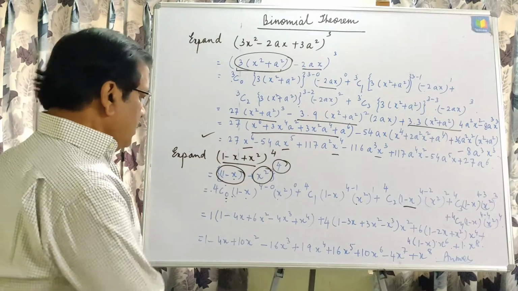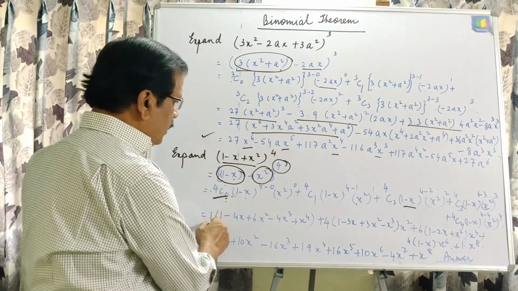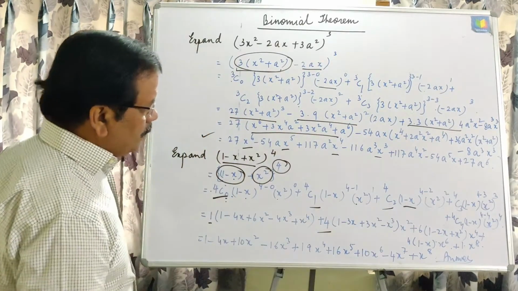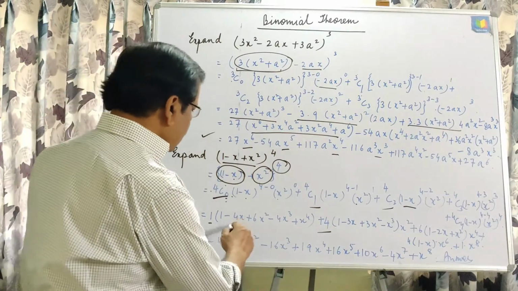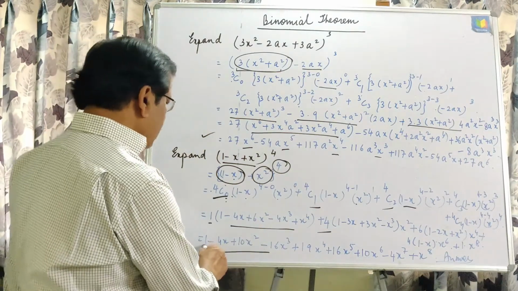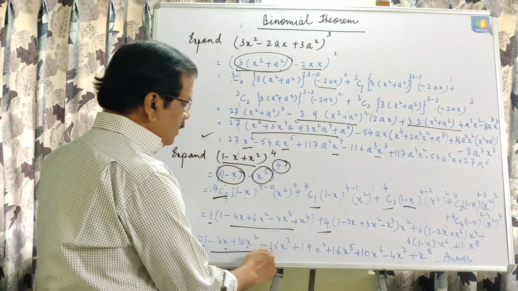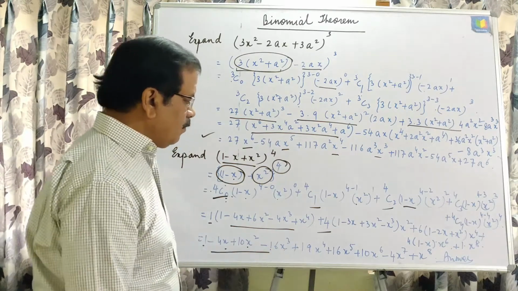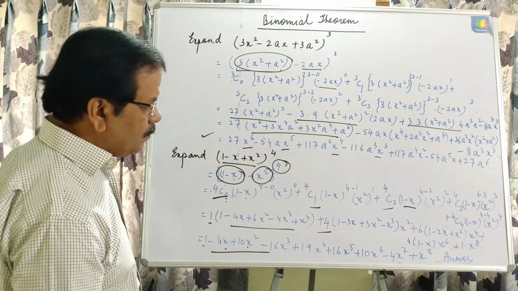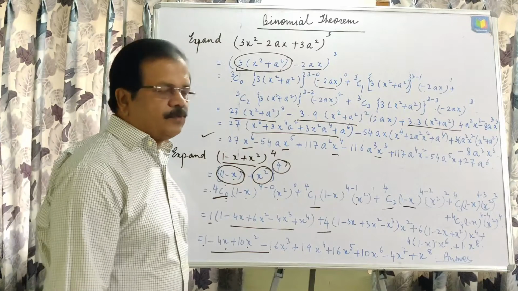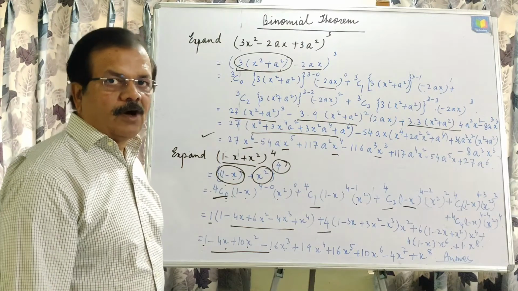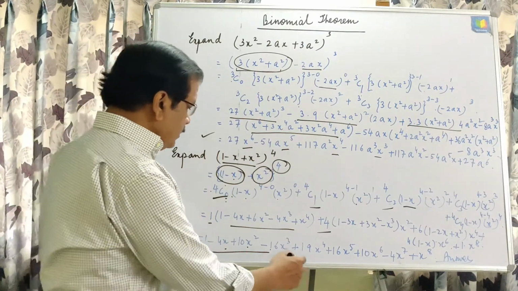And then after solving, 4C0 is 1, 4C1 is 4, and 4C2 is 6, and in the same way 4C3 and 4C4, and then rearranging, we are getting 1 - 4x + 10x^2 - 16x^3 + 19x^4 + 16x^5 + 10x^6 - 4x^7 + x^8 in terms of increasing order of x, and this is the answer.